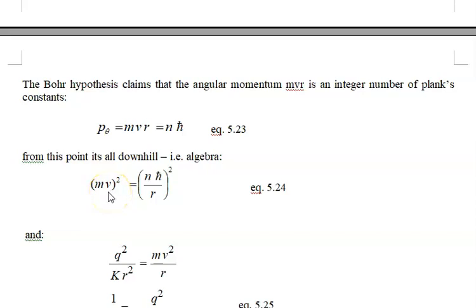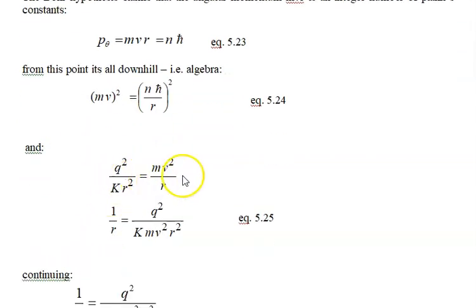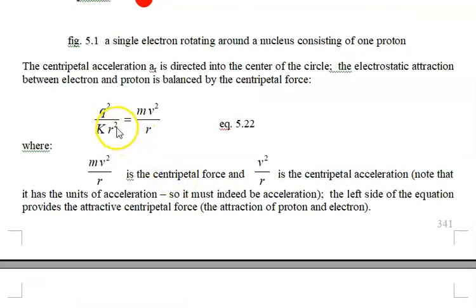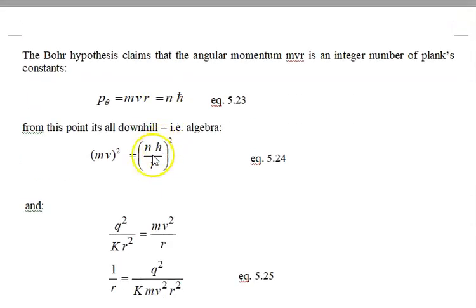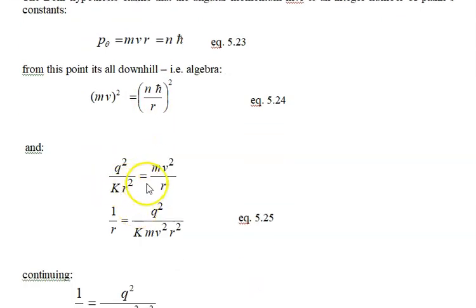So now let's go back to this equation. Q squared over kr squared equals mv squared over r, which is right here. Bring the mv squared to the left side of the equation and just flip the sides. 1 over r is equal to q squared over kr squared divided by mv squared.